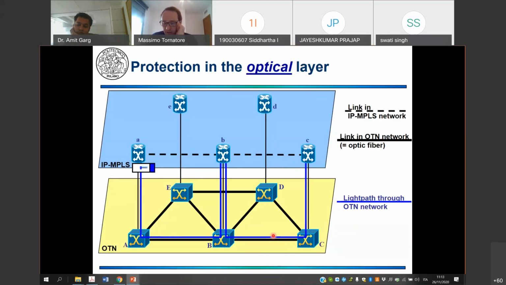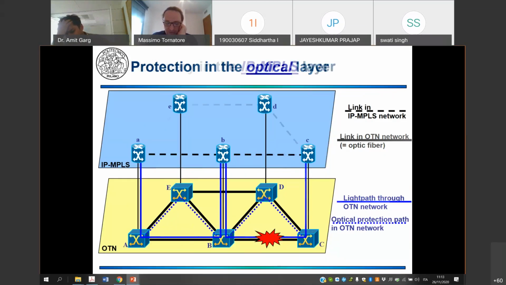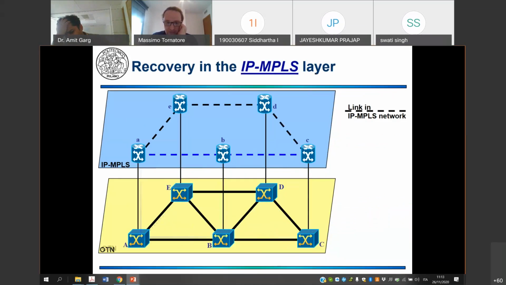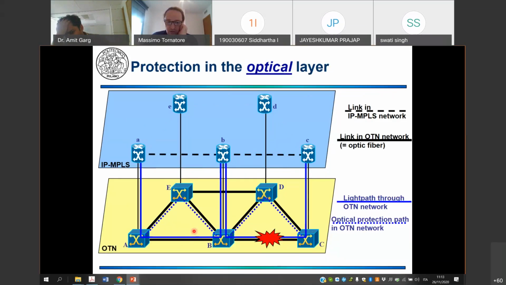This is how the packet is going to be routed. And the protection happens only at the physical layer, right? So for the working light path, we have a backup path in the physical layer. But there is no protection action going on at the logical layer.